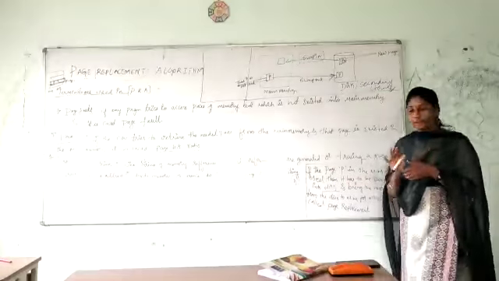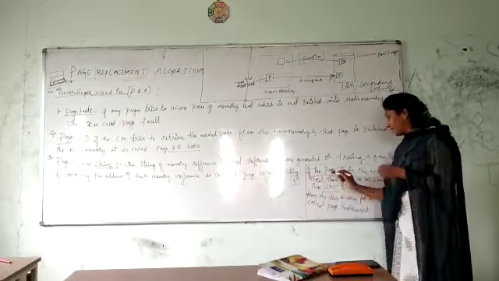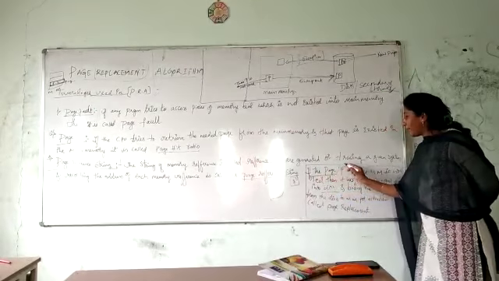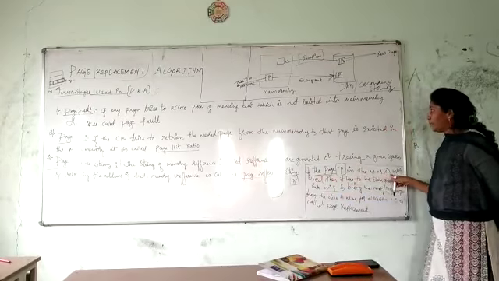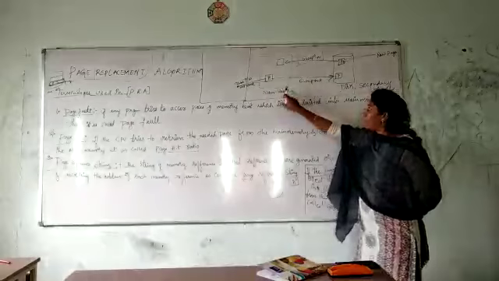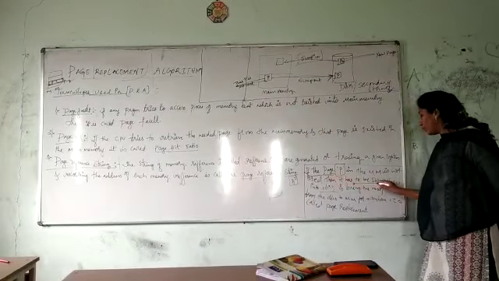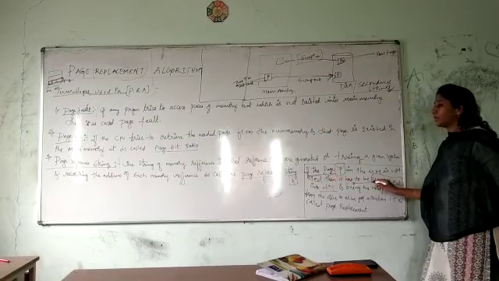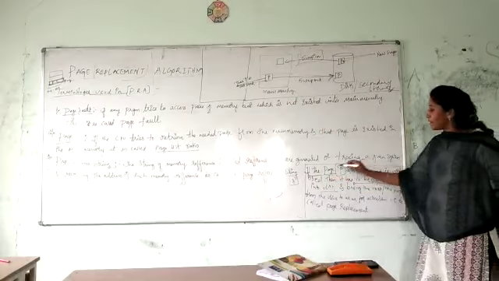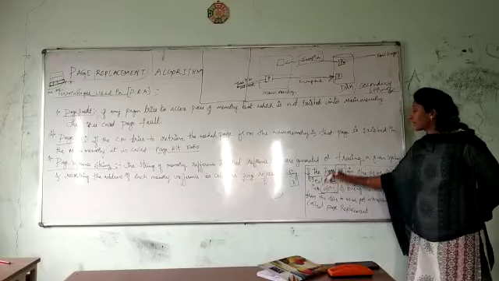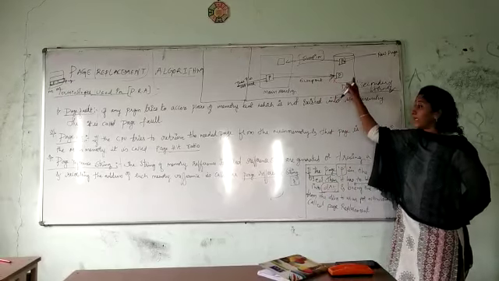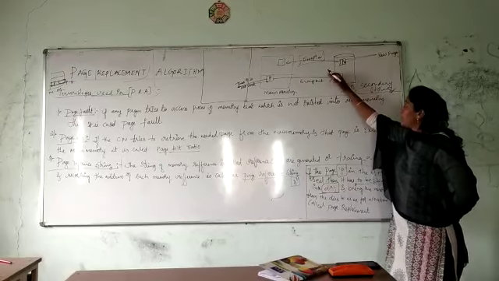Is that clear? That is what I have written. If the page P in the main memory is not used, we simply swap it out, meaning we remove that page from main memory to the disk.